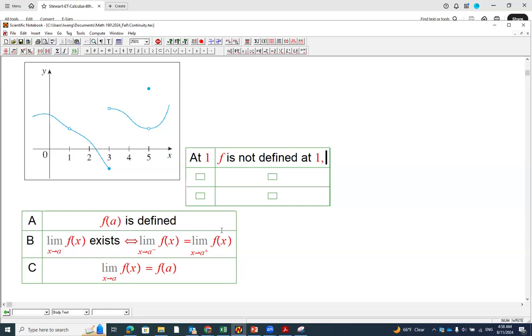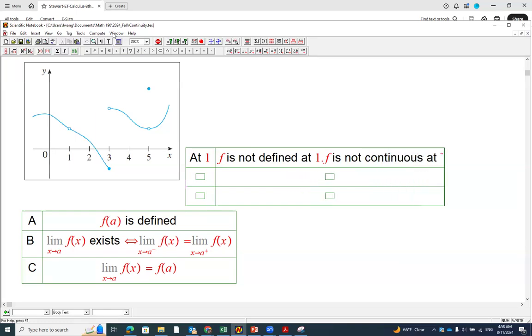We can draw the conclusion, and then we can say f is not continuous at one. You're done. If anybody asks a question about continuity at one, we're finished.